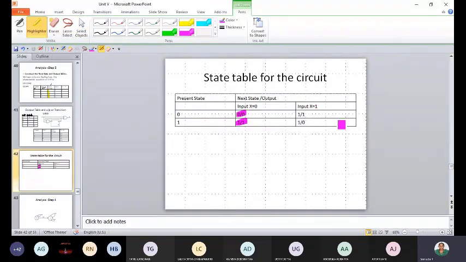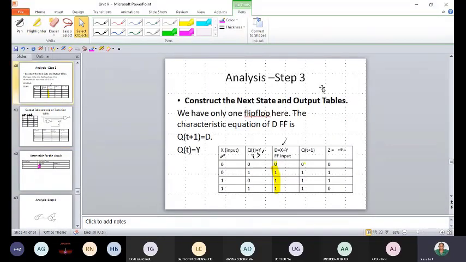In the same way, you fill up the right side of your table. I will repeat again, for your input x equal to 1, we are dealing with these two. When your present state is 0, your next state is 1 and your output is 1. So for this case, I will write 1 slash 1.